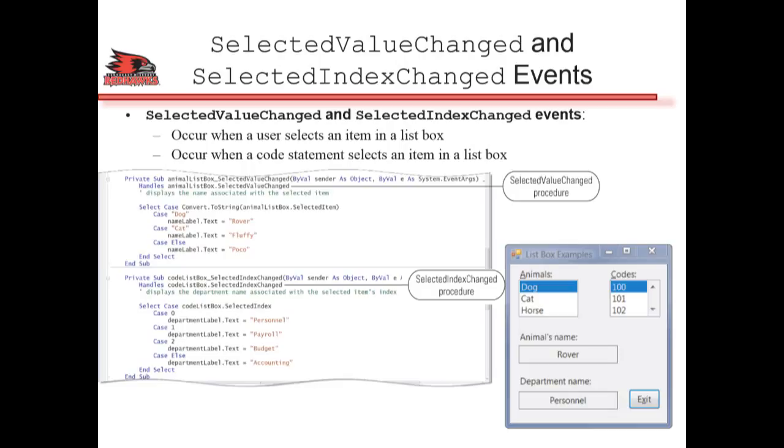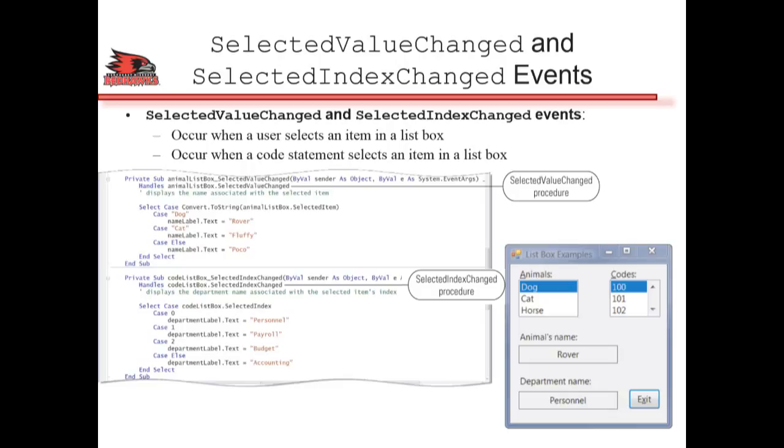If the selected item is dog, then the name label shows Rover. If the selected item is cat, then the name label shows Fluffy. And if none of these are true, then the name label shows Poco. So once you select an item in the animal list box, it gives you a name for that type of animal.